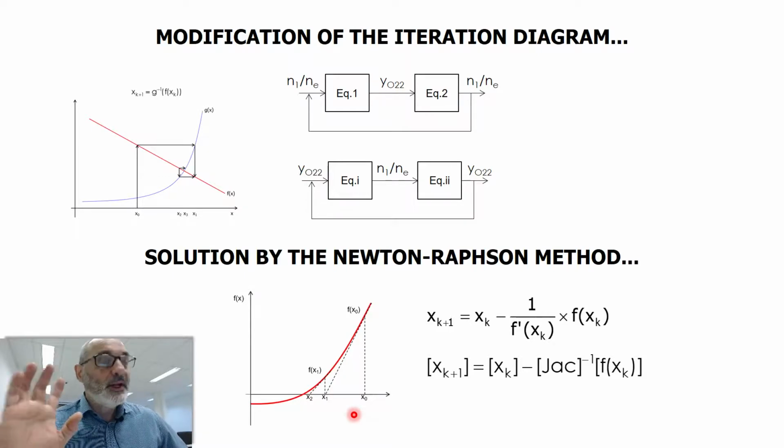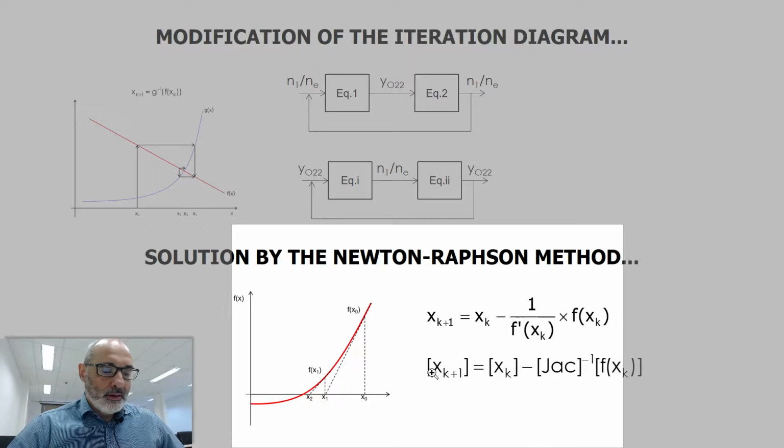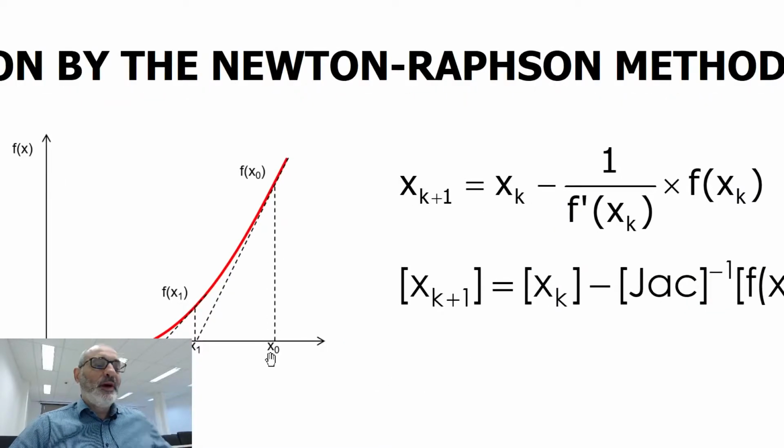The iteration method starts like this. You start with an estimate of your variable, x0. Let me zoom there. So you start by estimating your solution. Then you calculate the value of the function f at this point, f0.